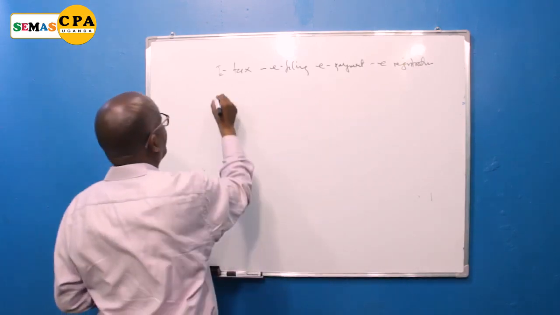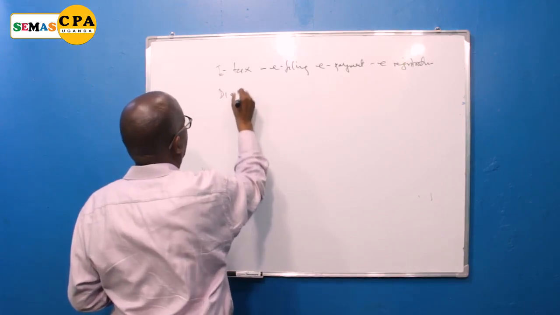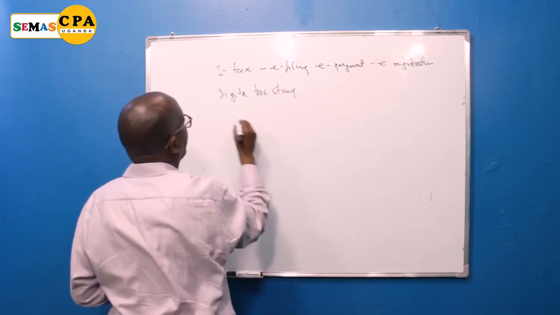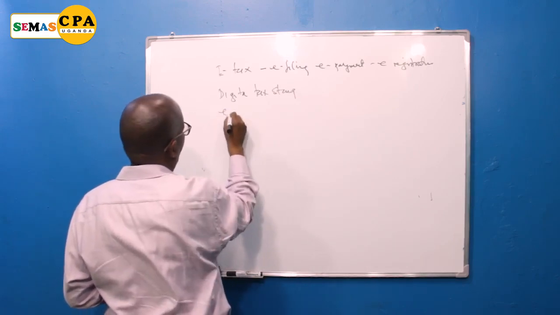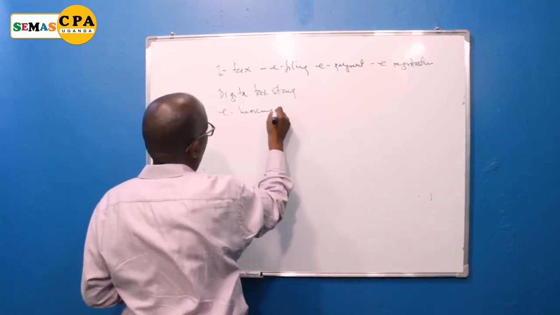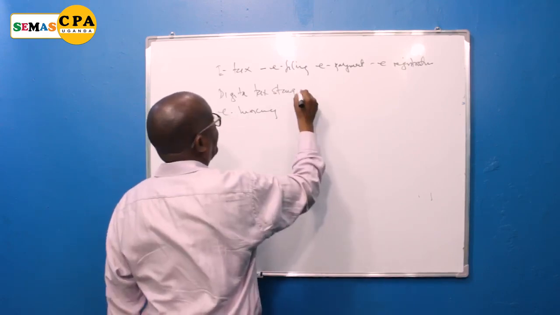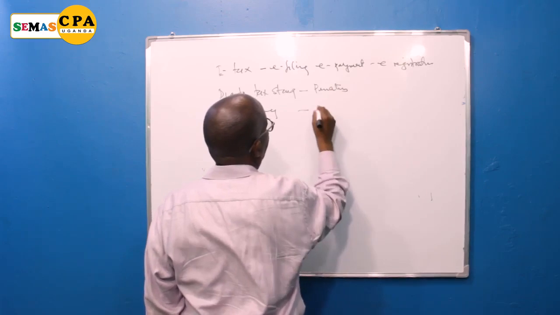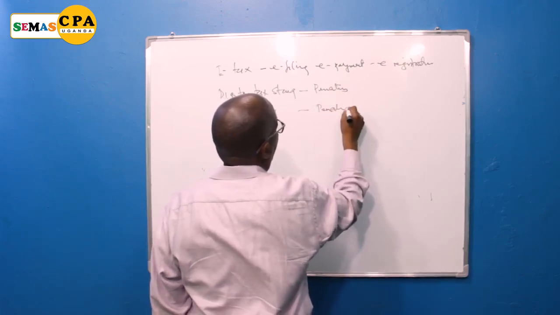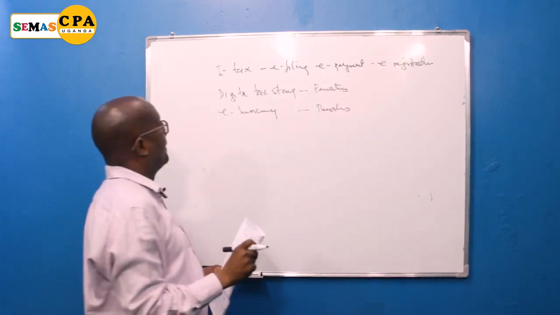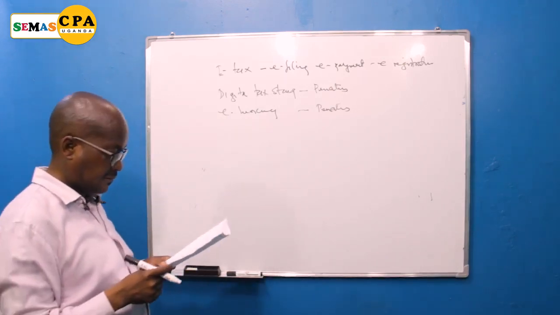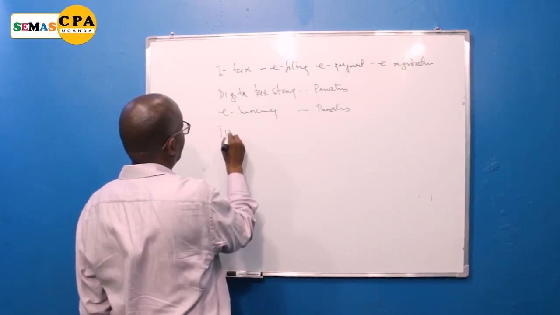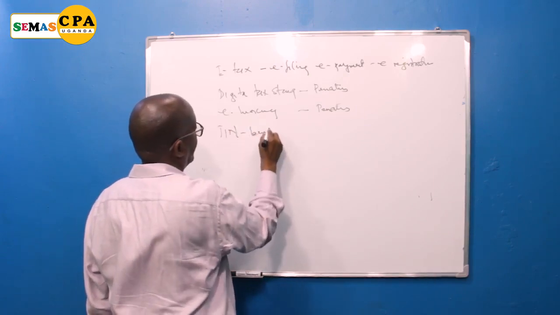You need to know something about digital tax stamps, and about e-invoicing. And the penalties. He has started setting penalties a lot. You need to know what they mean by TIN, tax identification number, and what are the benefits of having a TIN.